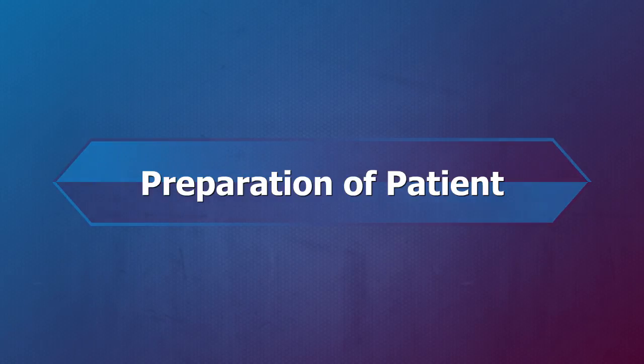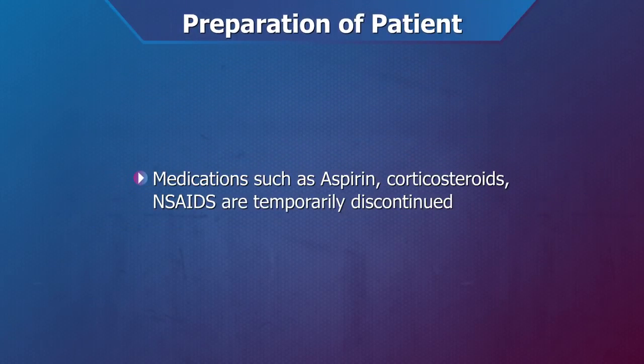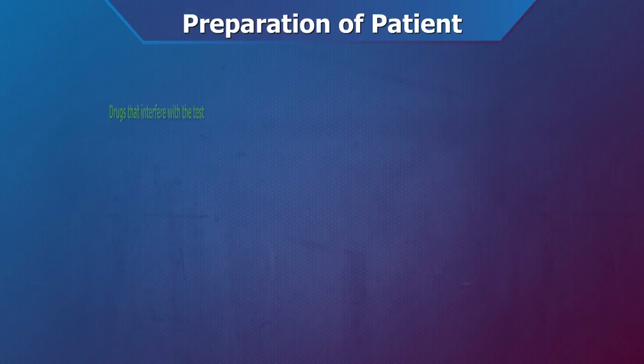Preparation of the patient before sample collection. Certain medications such as aspirin, corticosteroids, and non-steroidal anti-inflammatory drugs can induce gastrointestinal bleeding and cause false positive results. These medications should be temporarily discontinued with the consent of the physician for 7 days prior to testing and during the test period.